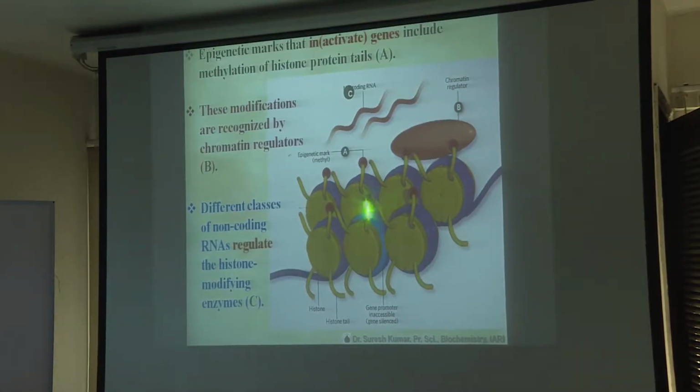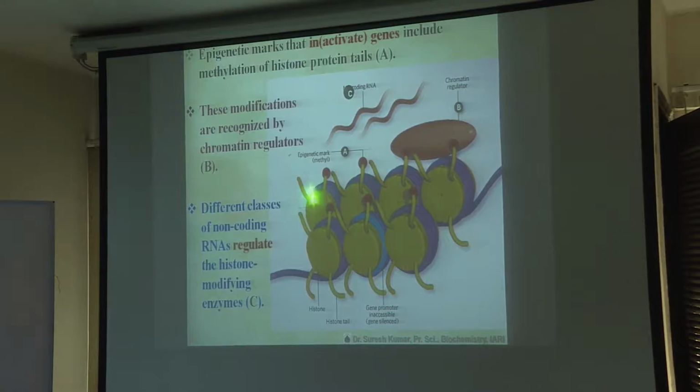So, these are three components: a small RNA, DNA wrapped around, and histone proteins. So, what happens? The tails of the histone proteins, meaning the last part of the histone proteins, and the amino acids present there are getting modified.